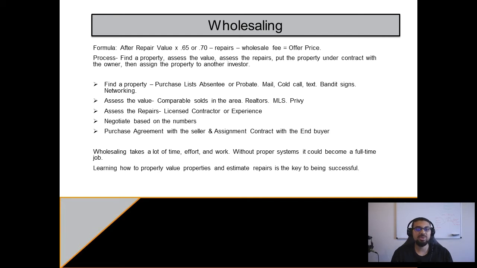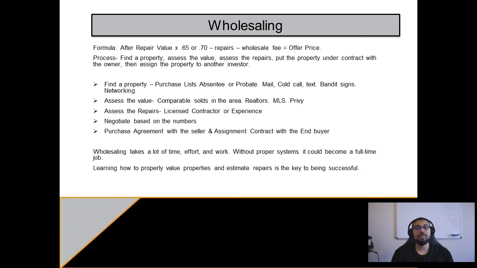Can they provide you a CMA, which is a comparable market analysis? The MLS is where they pull that information from. That's the multiple listing service in your state. You normally have to be a broker or a realtor to get access to this. It has the most current, accurate, up-to-date information.